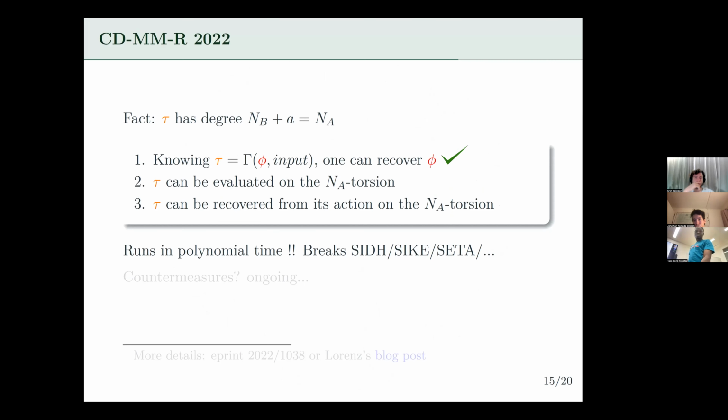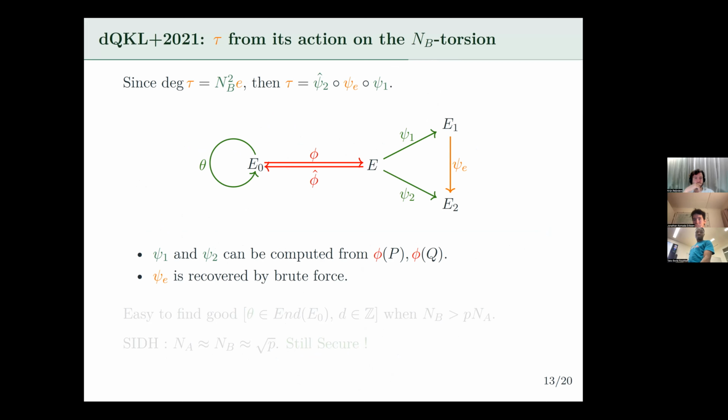So recall, the petit torsion points attacks did not apply to SIDH, because in order to apply them to an SIDH instance, you need NB to be greater than P times NA, while in SIDH you have NB, which is roughly NA, and equals roughly square root of P. So what you need is P times more torsion: you need the action of the secret isogeny on roughly P torsion, to be able to apply the attack.